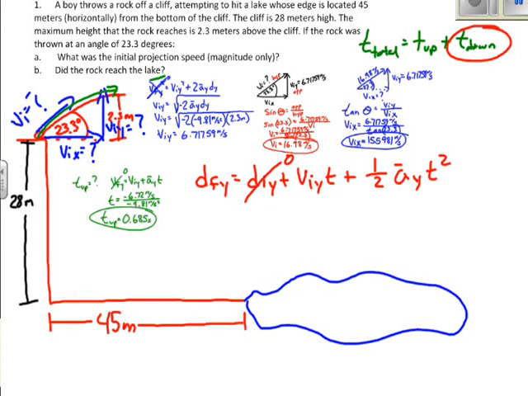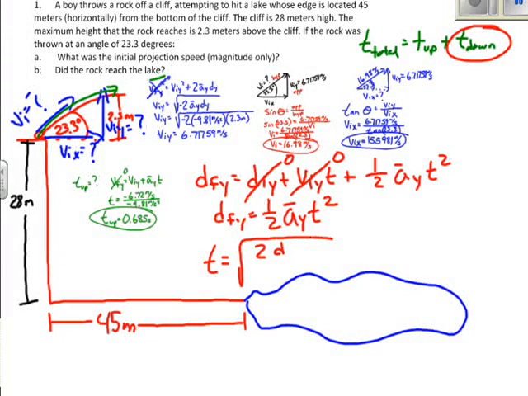Now thinking about it from the top, that initial displacement in the y is just going to be 0, so I can get rid of that. I know that if we're just talking about from the top down, that initial velocity in the y direction is also going to be 0, so this simplifies down to be dfy equals 1/2 ayt squared. Rearranging it to solve for t, I get t equals 2 times dy over ay, and I take the square root of that whole thing.